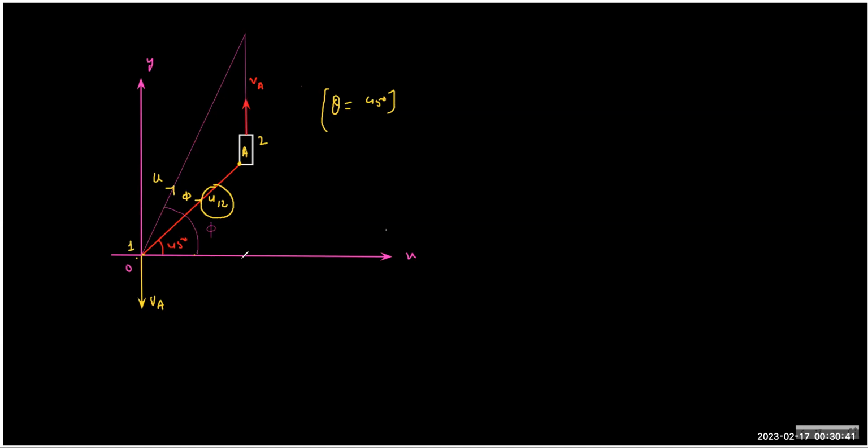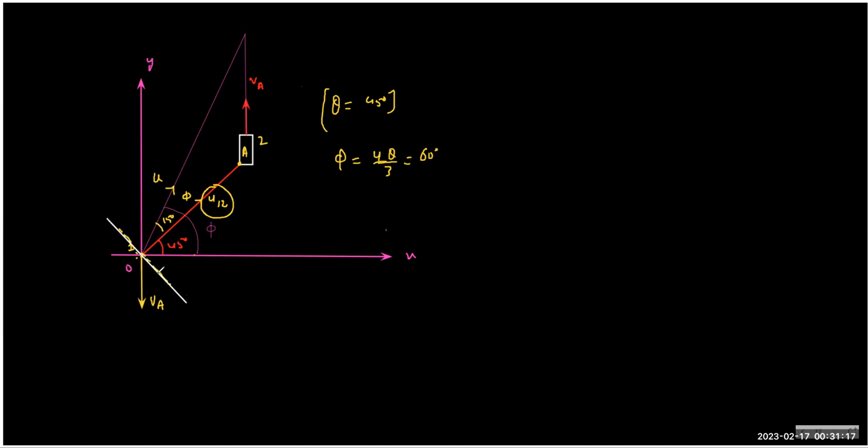Read the question. 45, sir. That's given to you. And phi is how much? 60 degrees. So this is 15 degrees. And what we know from the law of collision is which component must be equal? The parallel... perpendicular. The perpendicular component should be equal and opposite.